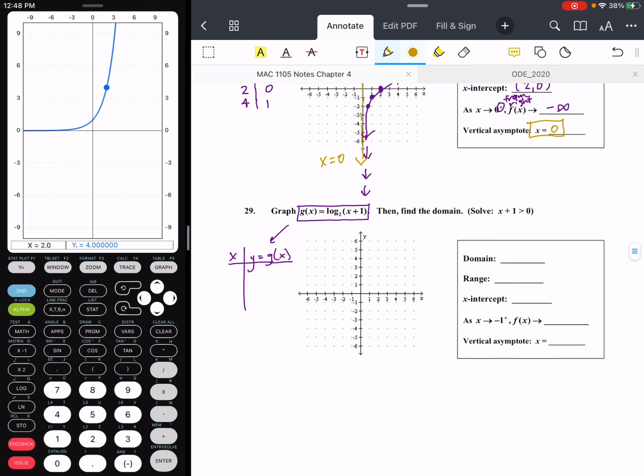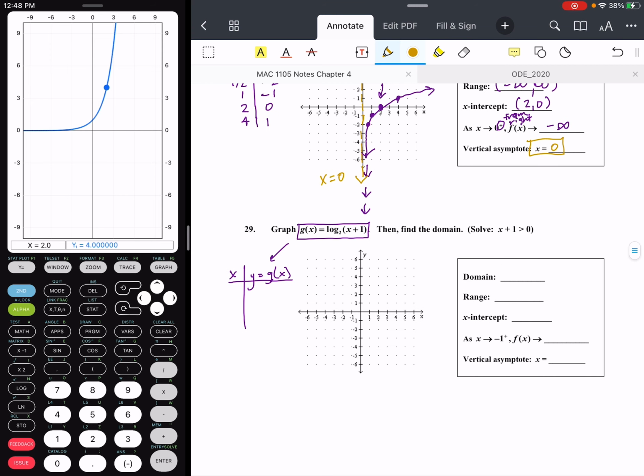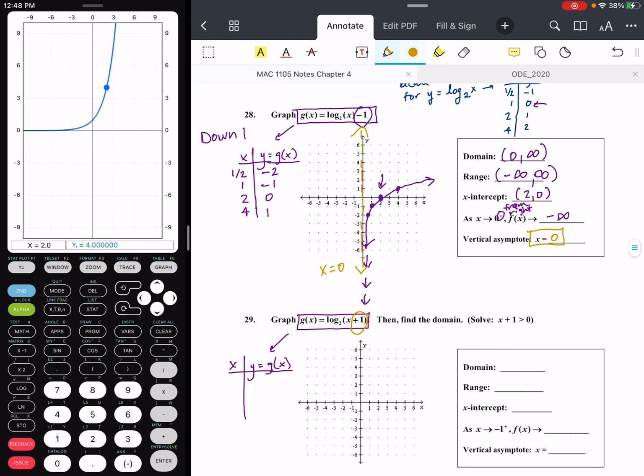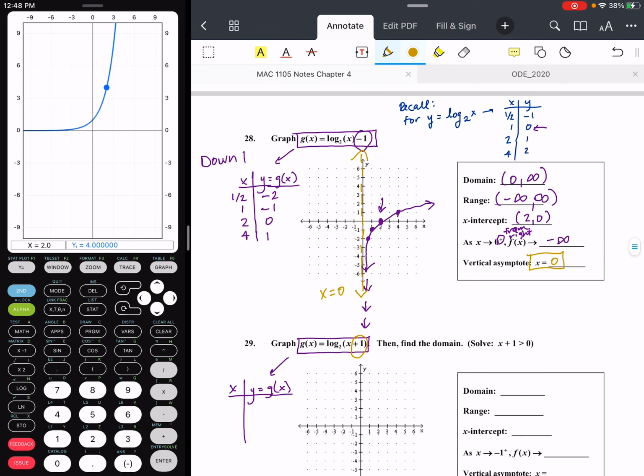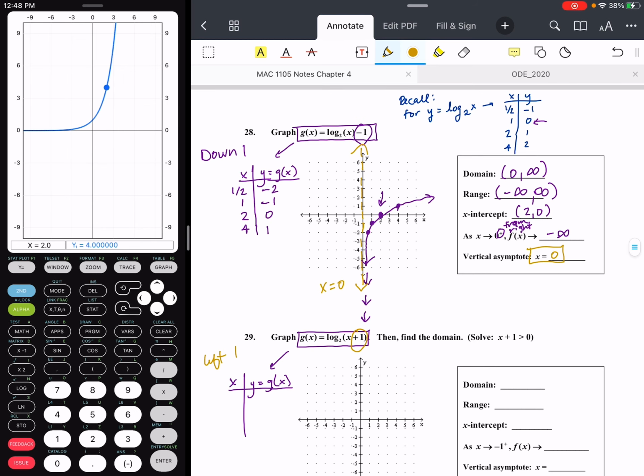All right, and for number 29, we want to graph log base 2 of x plus 1. Now that x plus 1 is going to create a shift to the left 1 unit. So our y values, our up and down, will stay the same.